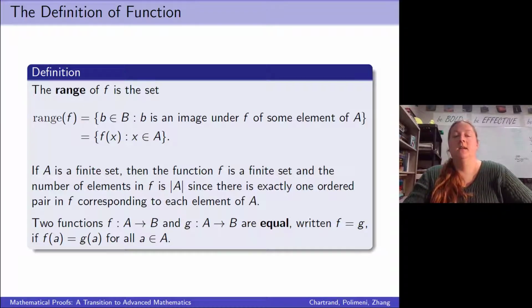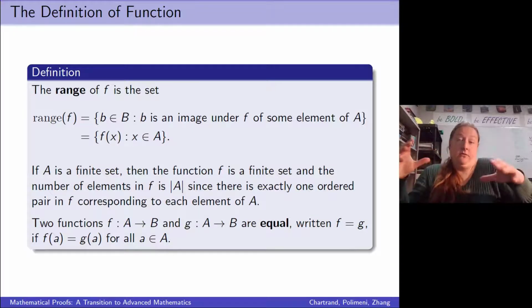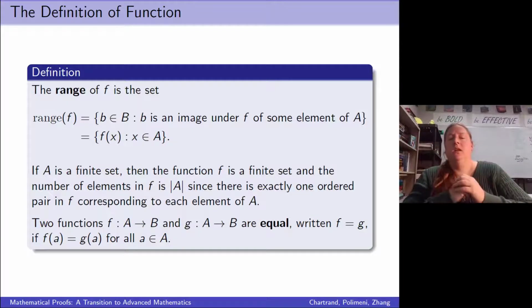Now, if A is a finite set, then the function is a finite set of ordered pairs, and the number of elements in f is actually the number of elements in A. Those two things are equal.